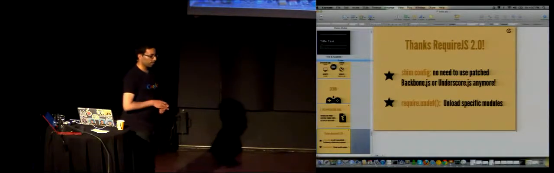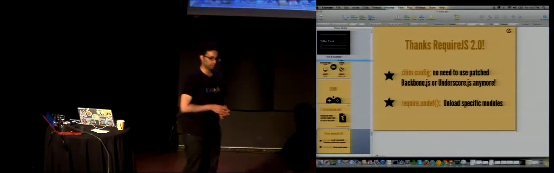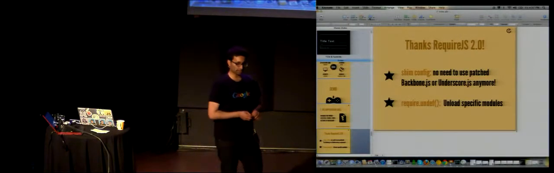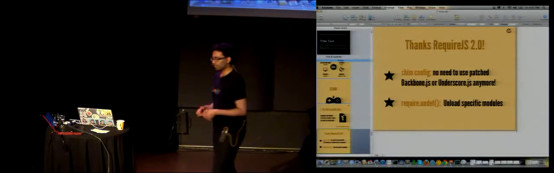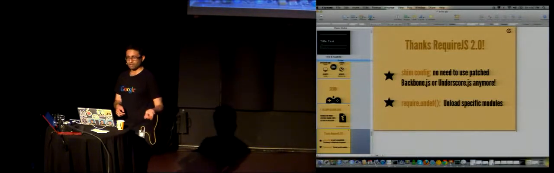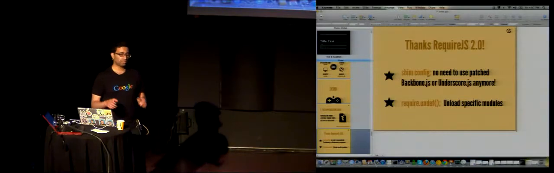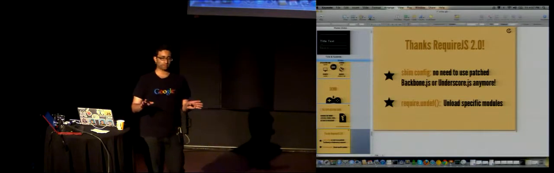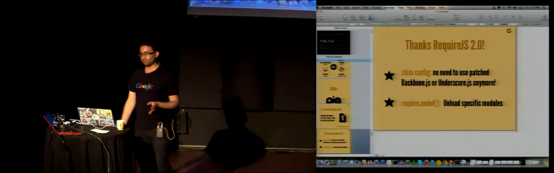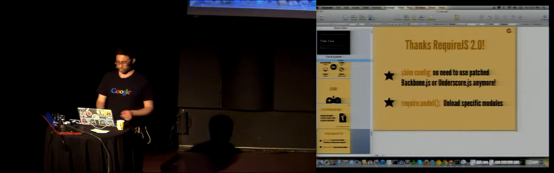And for a few months, we had to continue using patched versions of those libraries if we wanted to use them with required.js. Now, with required.js 2.0, there's something called a shim config that we can use to get around this issue. So we no longer have to worry about using patched versions of any libraries. I can just go to the Backbone repo, pull in the latest version, and start using it.